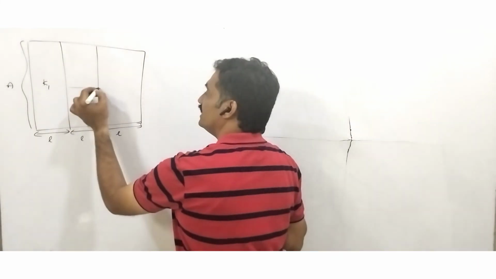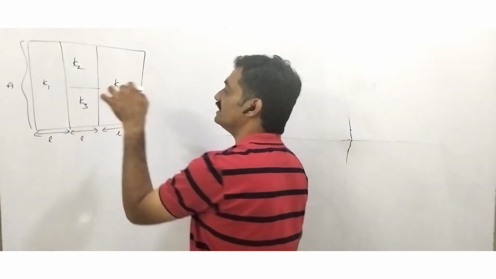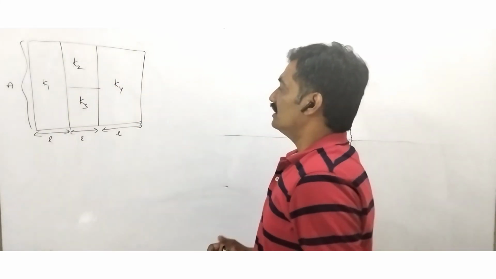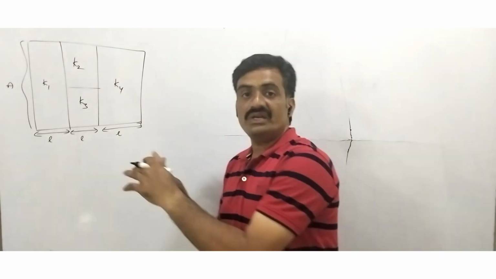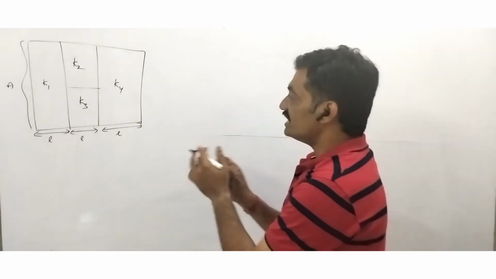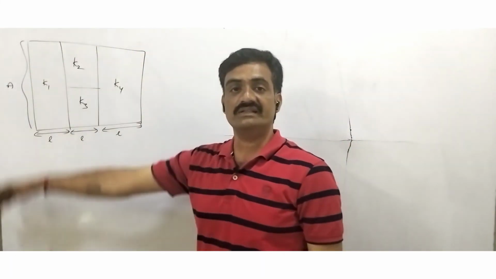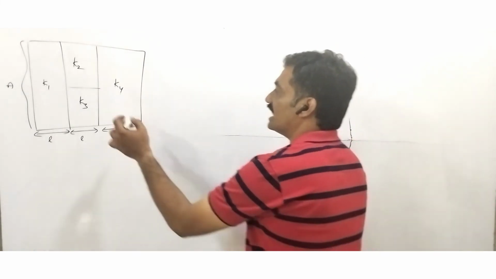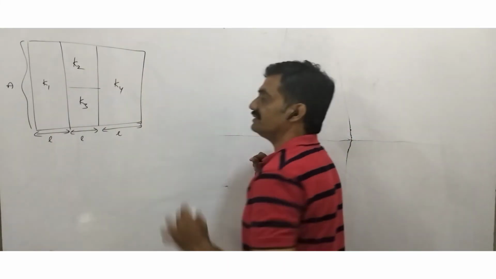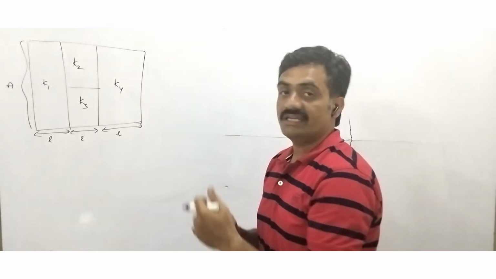Now it has been divided into two parts, K2 and K3, as well as K4. Observe that this combination has equal area as well as equal length.